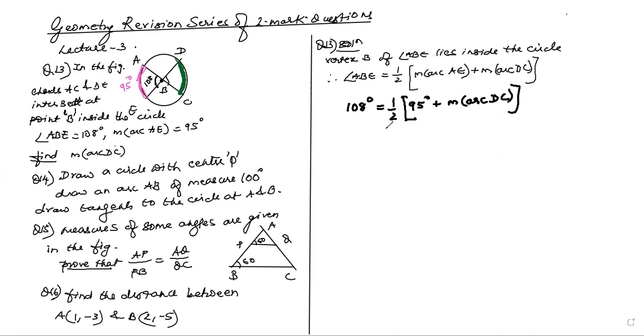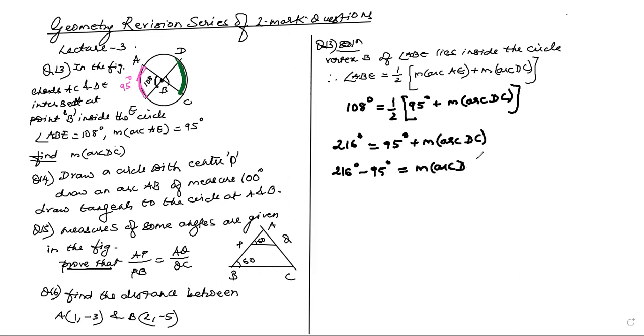Now you can see here, children, this 2 gets cross multiplied. 108 into 2, 216 degrees is equal to 95 degrees plus measure arc DC. Now 95 degrees comes this side: 216 degrees minus 95 degrees is equal to measure arc DC.